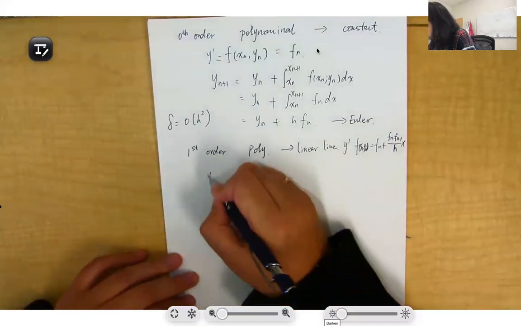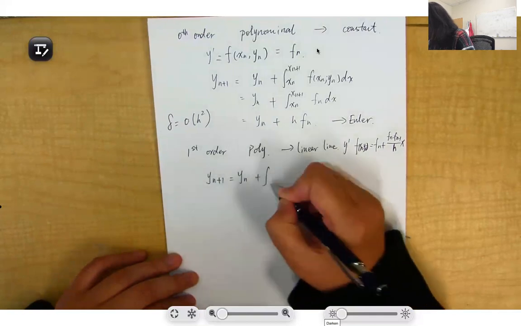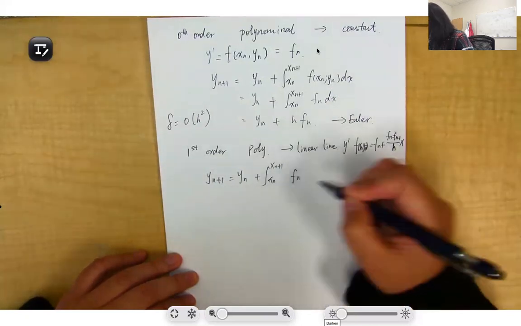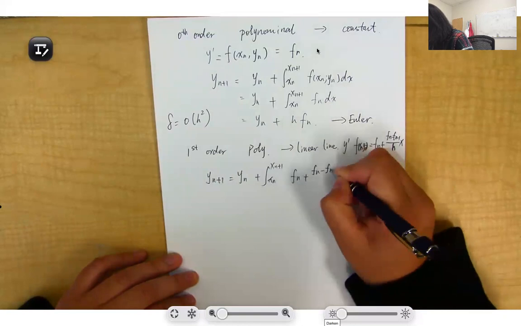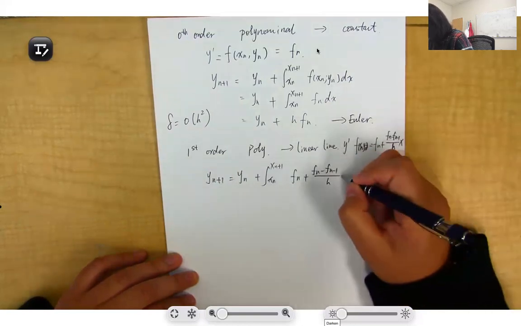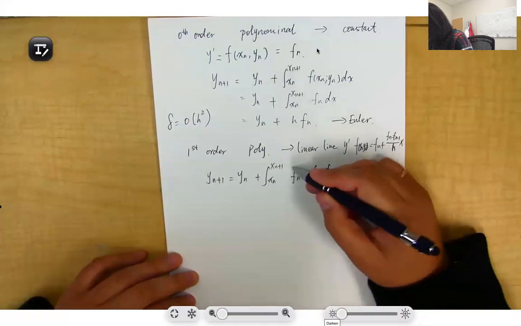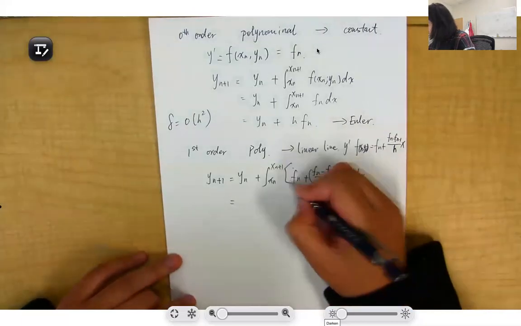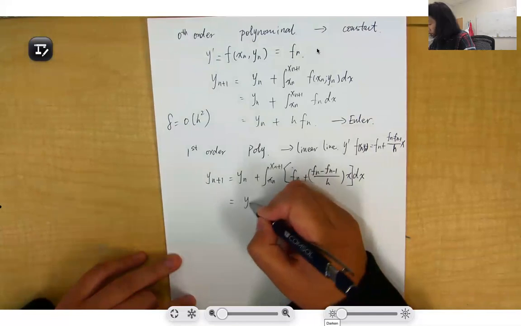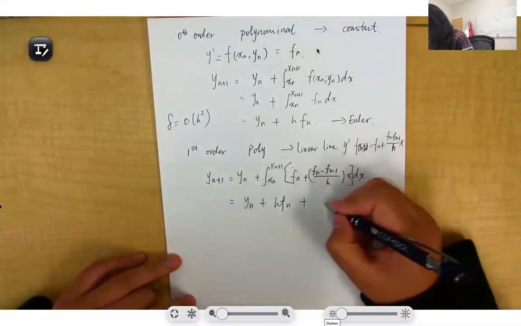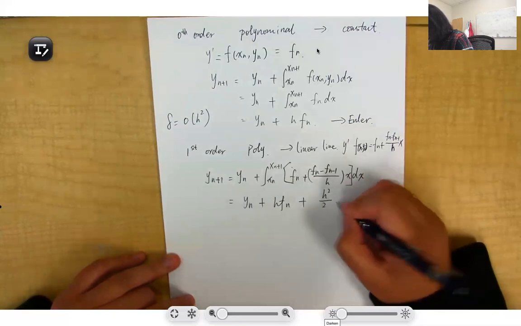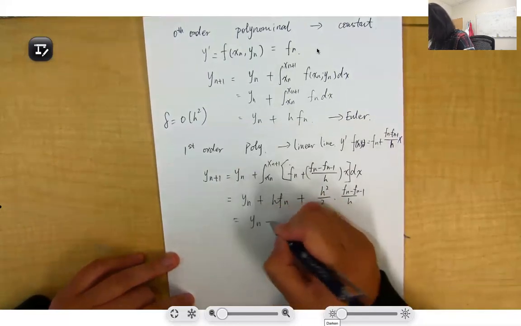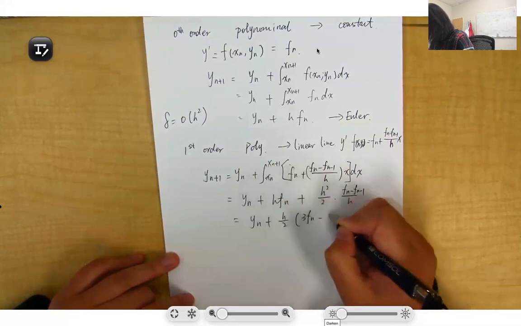Then we can get y_{n+1} equals y_n plus the integral from x_n to x_{n+1}, and instead of a constant, we put a line there, which is f_n plus (f_n minus f_{n-1}) divided by h times x dx. We can do this integral, and in the end you get y_n plus h over 2 times (3f_n minus f_{n-1}).